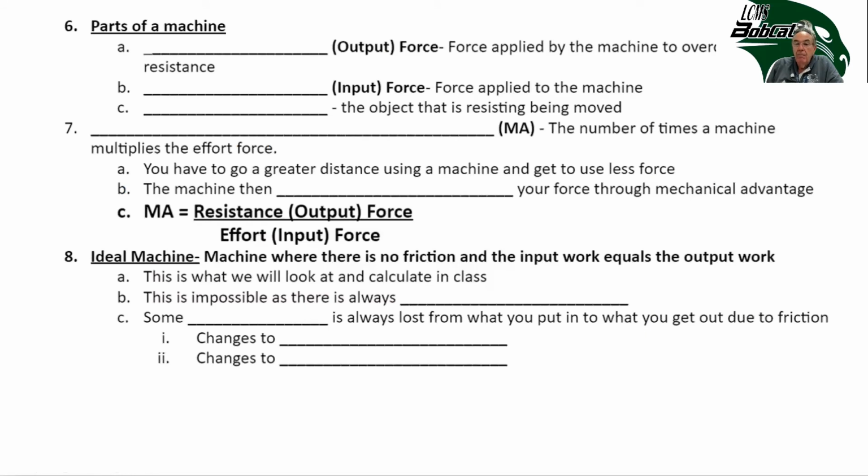Okay, now there are some basic terms and some vocabulary that go with this. Parts of a machine: there's what comes out, and that's the resistance force or the output force. So this is the force applied by the machine to overcome the resistance. The input force, or the effort force, is the force applied to the machine.